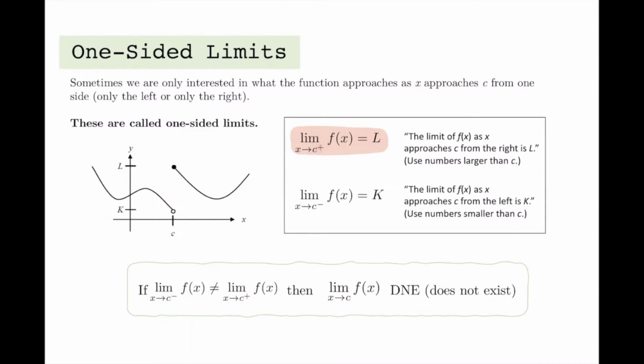This means that we're coming from more positive on the number line, or we are approaching from the right. Graphically, you are heading towards the value of x equals c, but you're coming from the right-hand side. So we can see that the graph of this function is going towards the y value of L as we only look as x approaches c from that one side, from the right.